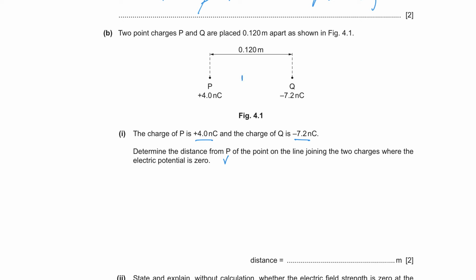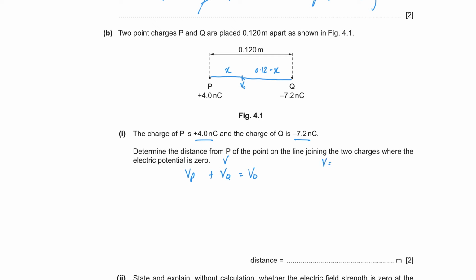It will be somewhere close to P. Now for V being 0 at this point, let's say this distance is x. So this distance obviously would be 0.12 minus x. V due to P plus V due to Q is 0 at this point.